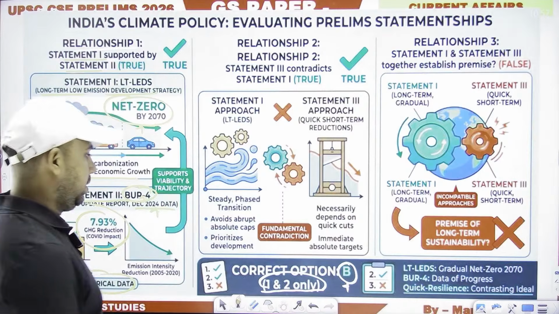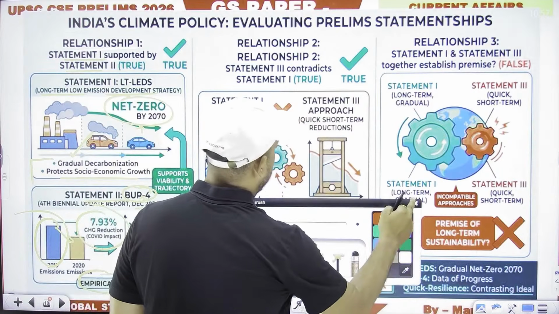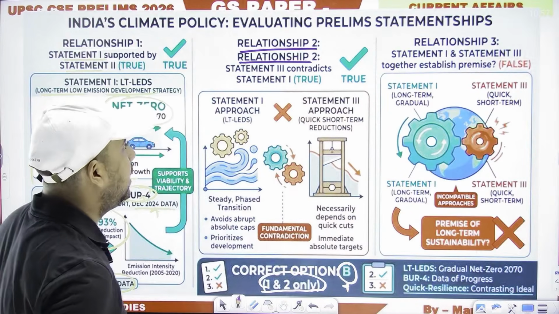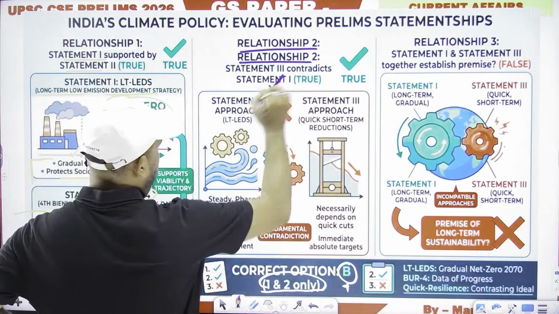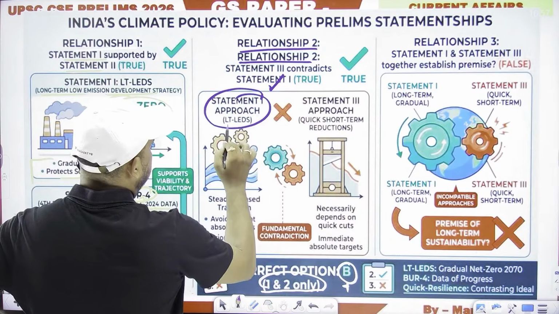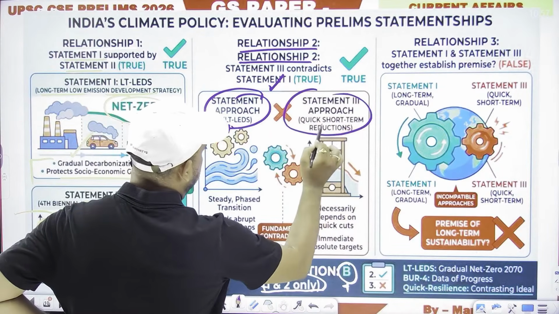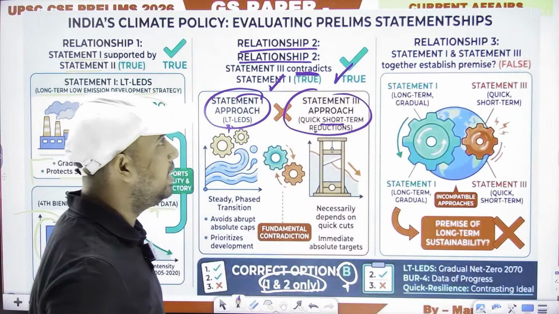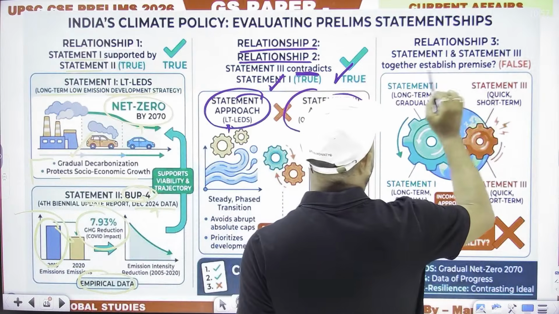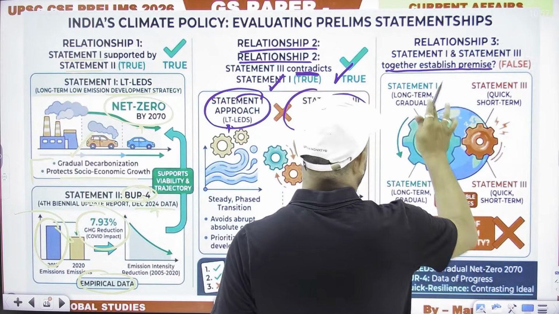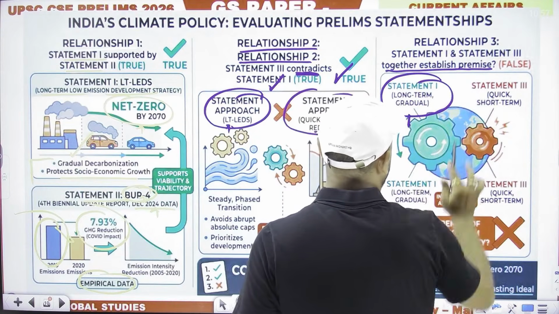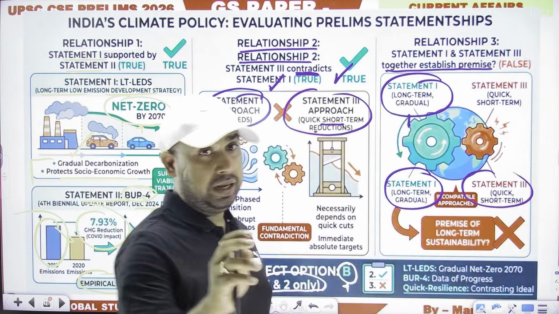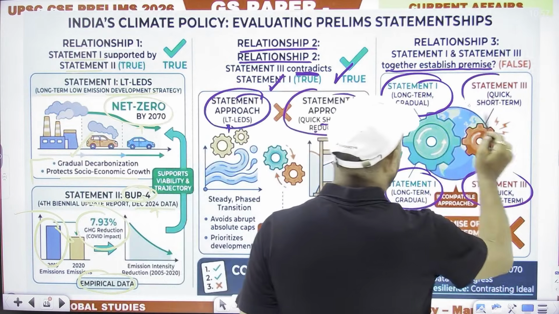The second relationship: the second and third statements contradict the first one. Statement 1 approaches long term and statement third approaches a quick term. So that's a contradiction. That's why this statement is correct. And the third relationship is statement 1 and statement 2 together establish premises. Statement 1 is long term and gradual, and statement third is quick and short term.